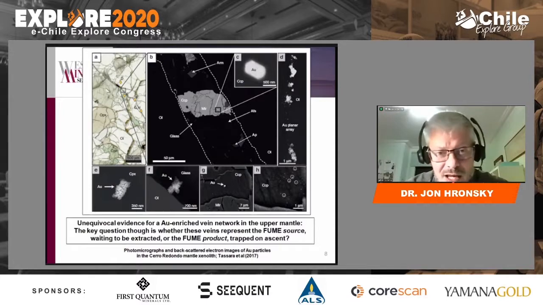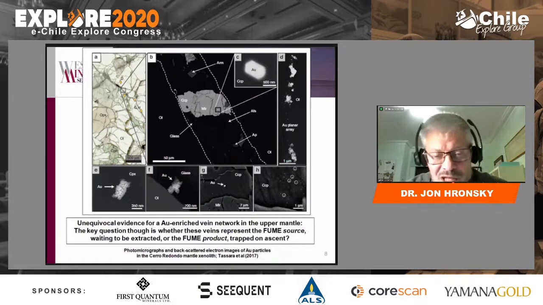And it's interesting because in these particular xenoliths, which have been brought up from the mantle underneath this gold province, we actually see volatile-rich veins that actually contain grains of gold. We can actually see arrays of gold grains within these veins. So this is conclusive evidence that we do see gold-enriched fluids, magmas in this case, moving through the mantle.